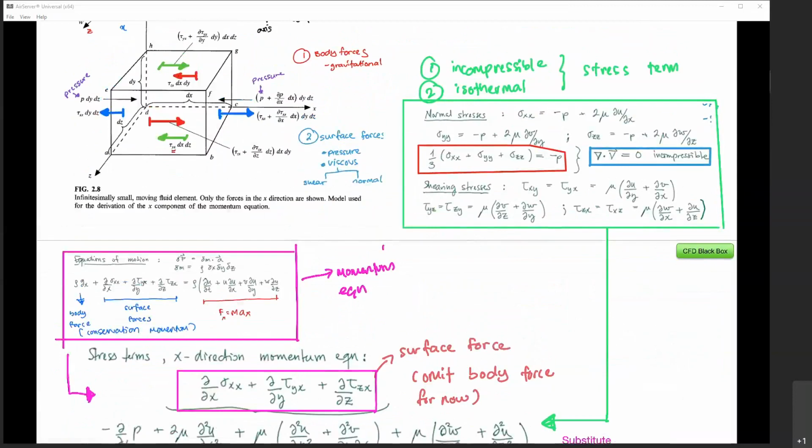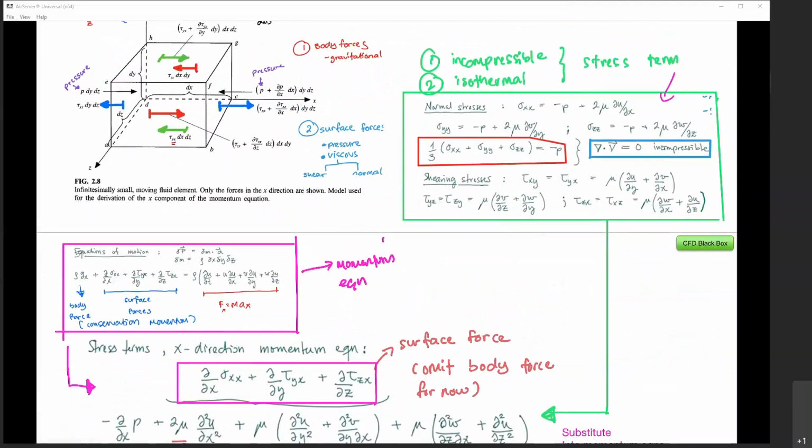This is what we just derived based on the assumptions of incompressibility and isothermal flow. So the stress term, and this is the momentum equation that we derived before for the Euler equation, if you remember.